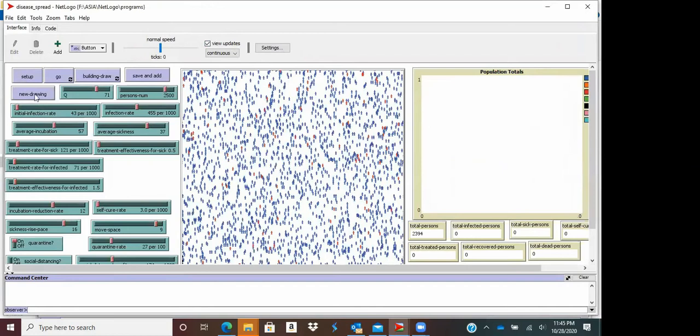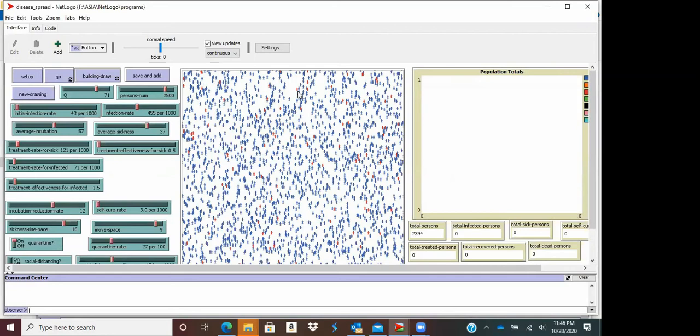So I'm going to set up this model. How many people here? I have 2,500 people. You see, those people in red color are the people who are already infected.